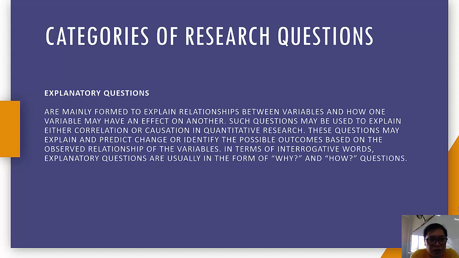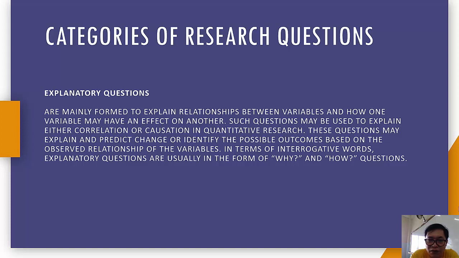So explanatory questions are mainly formed to explain the relationship between variables and how one variable may have an effect on another. Such questions may be used to explain either correlation or causation in quantitative research. These questions may explain and predict change or identify the possible outcomes based on the observed relationship of the variables.